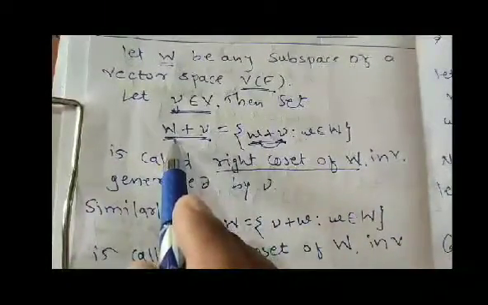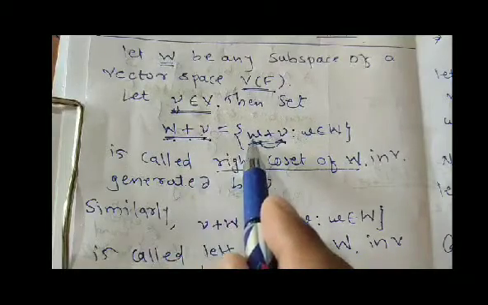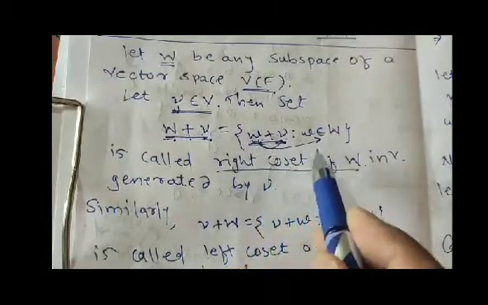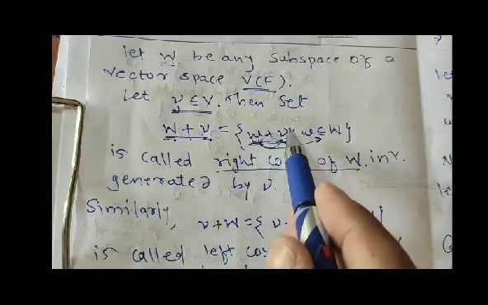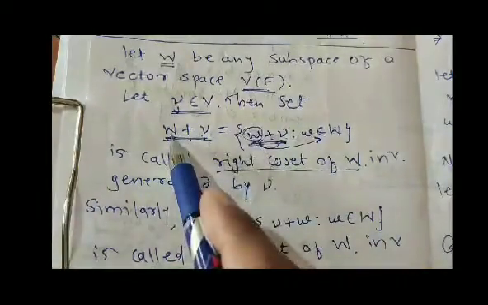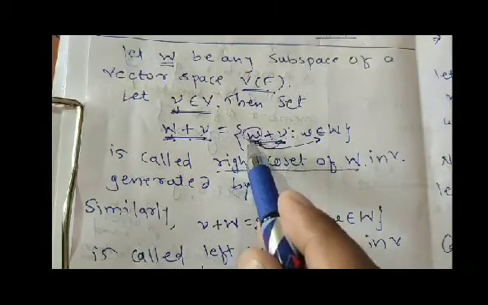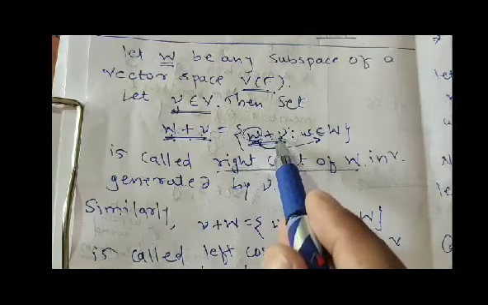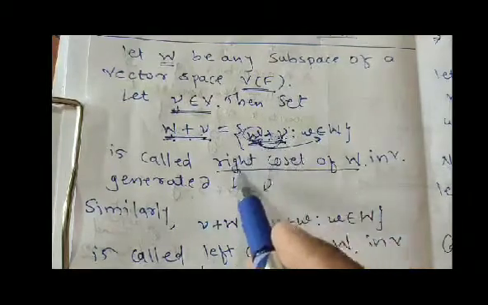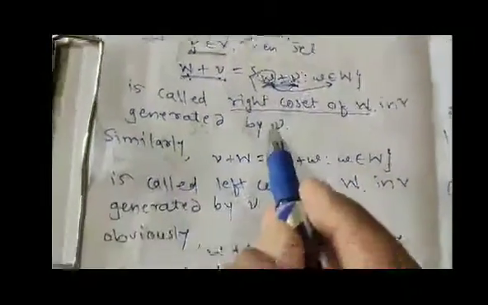In the set W plus nu, the elements are omega plus nu, such that omega belongs to capital W. This omega is arbitrary, because W has a number of elements, the first element, second element, third element, and so on, but nu is fixed, and taking the add operation we get a new set. This set is called the right coset of W in V, generated by nu.